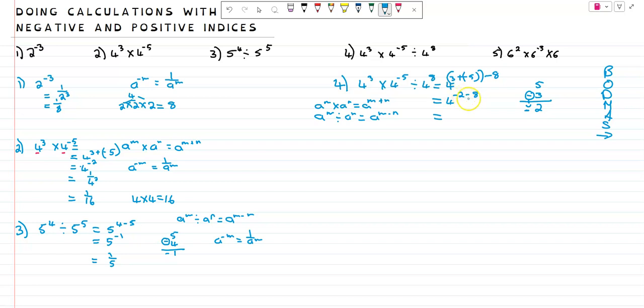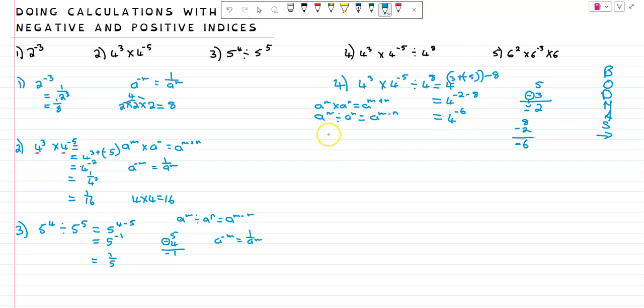The way that we work this out again is we say 8 minus 2, and we bring down this symbol. We only do this if there's a symbol in front of the number and a symbol in front of the number. That's when we do this. 8 minus 2 gives us 6, and we bring down the negative. So we have 4 to the power of negative 6.